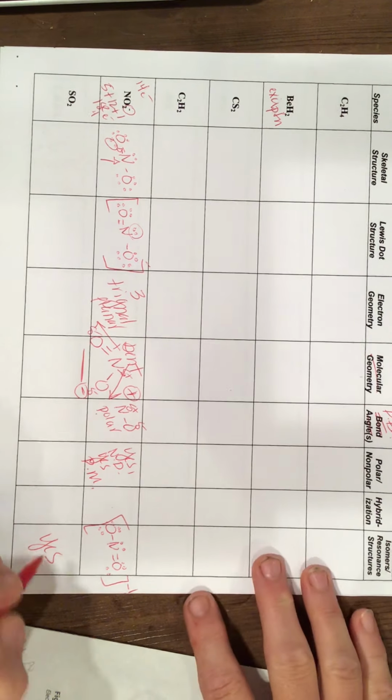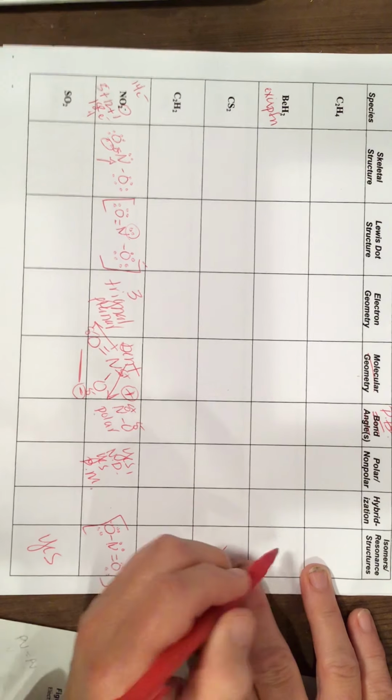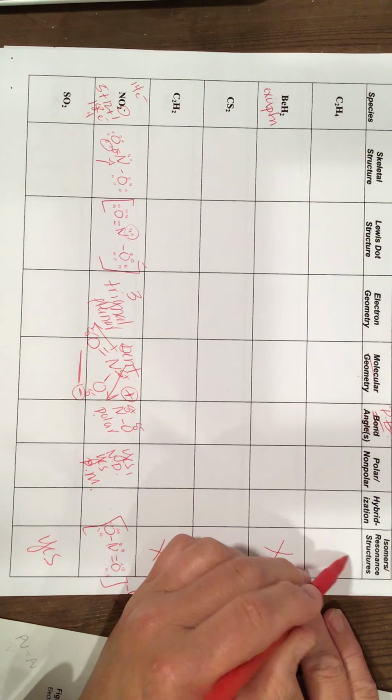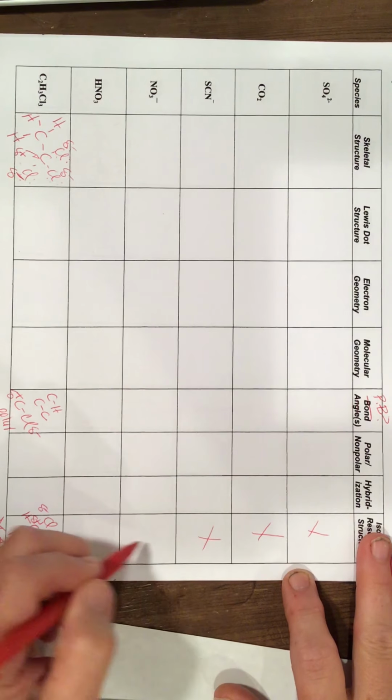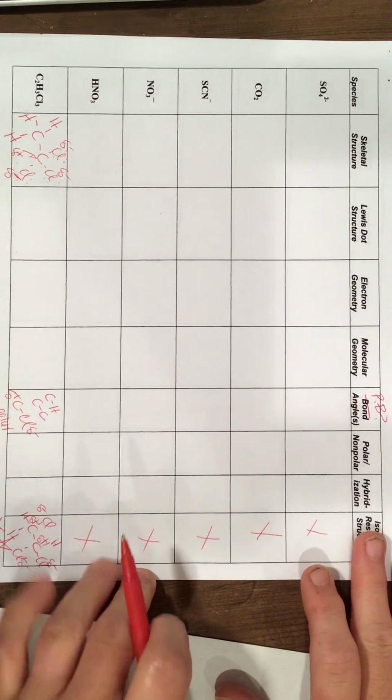This one's going to have isomers, no, no, no, no. All right? And continue on. All right? No isomers, none, none, none, none. That's the only one on this page.